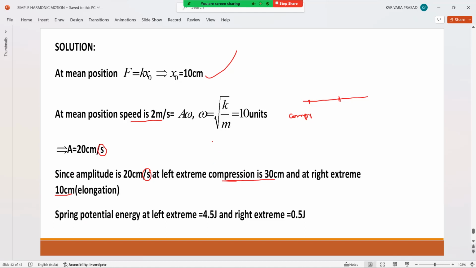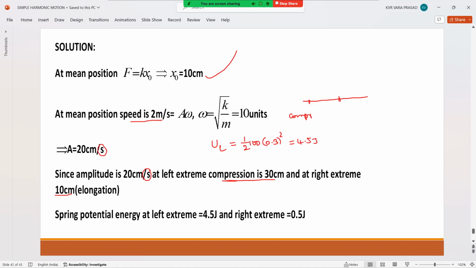At left extreme, potential energy is equal to half K, value 100. Compression is 30 centimeter, that means 0.3 meter, whole square. This is now 4.5 joule. This is the total mechanical energy of the spring block system.